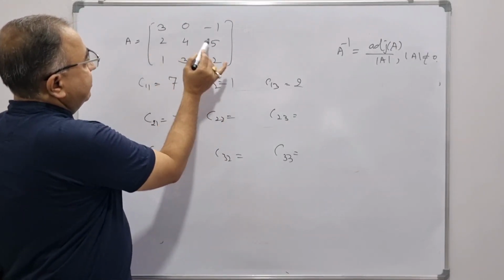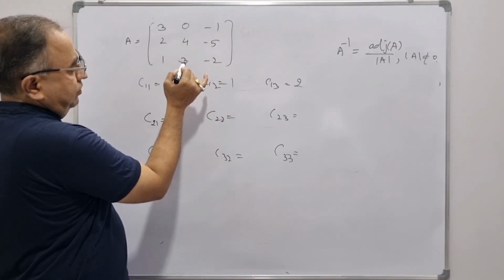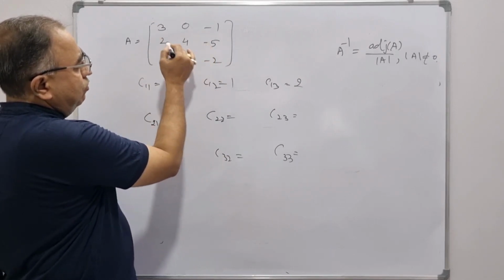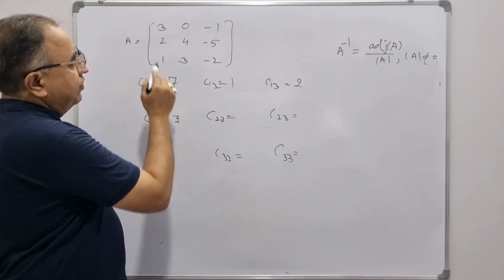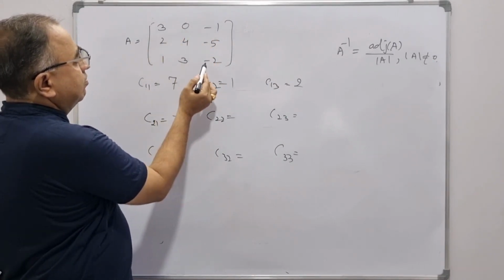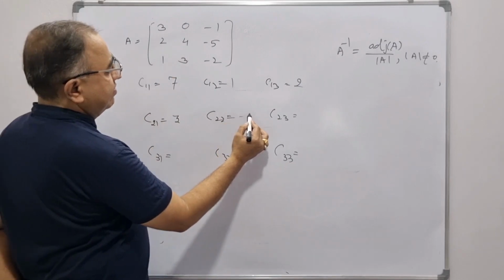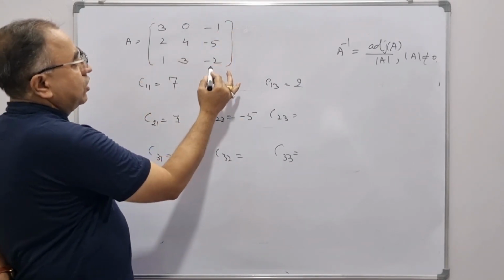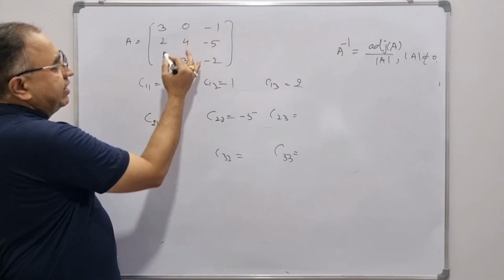2, 2: now suppressing second row, second column. The remaining 4 entries: this product minus this product, minus 6 plus 1, 1 minus 6 is minus 5. C23: second row, third column. This product 9 minus 0, it's 9.